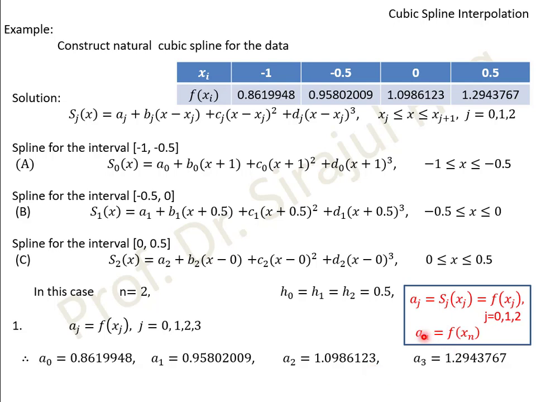Similarly, A3 is equal to f of x3. x3 is 0.5, so A3 is equal to f of 0.5, which you can see over here, which I will be using in the computation of CIs, BIs and DIs. So you can see that these are straightforward, and you already know how we can find them; it's coming from the data. So we don't have a problem with this one.